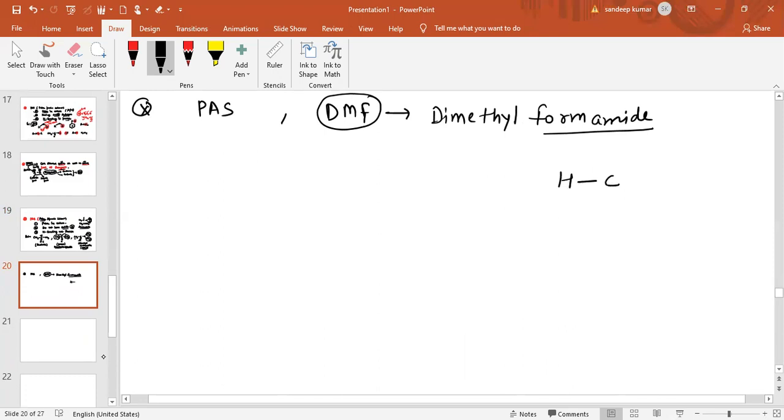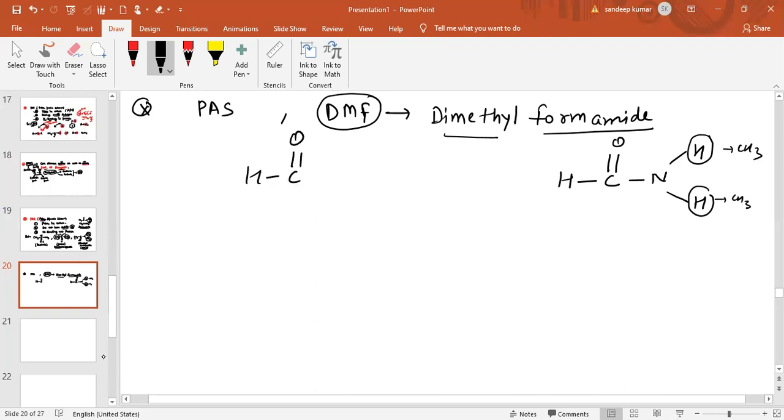So formamide is H, C double bond O, NH2. When these two hydrogen atoms are replaced by methyl groups, we call it dimethyl formamide. It is also a polar aprotic solvent.